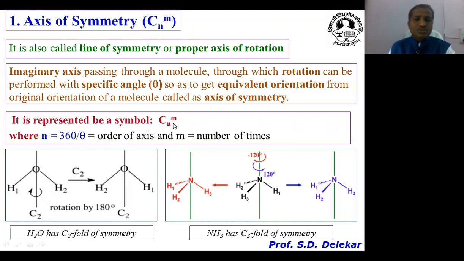So n, the subscript, is the order of the axis or fold, and m, the superscript, is the number of times of the rotation.